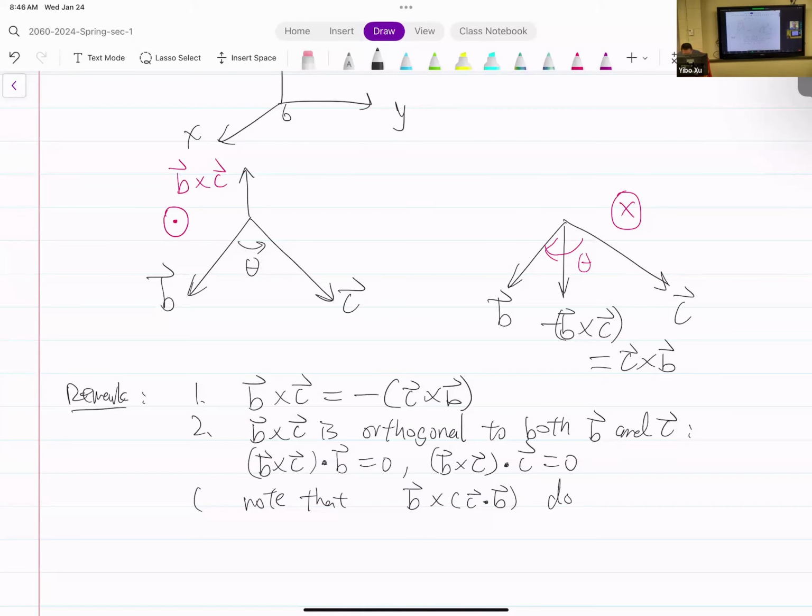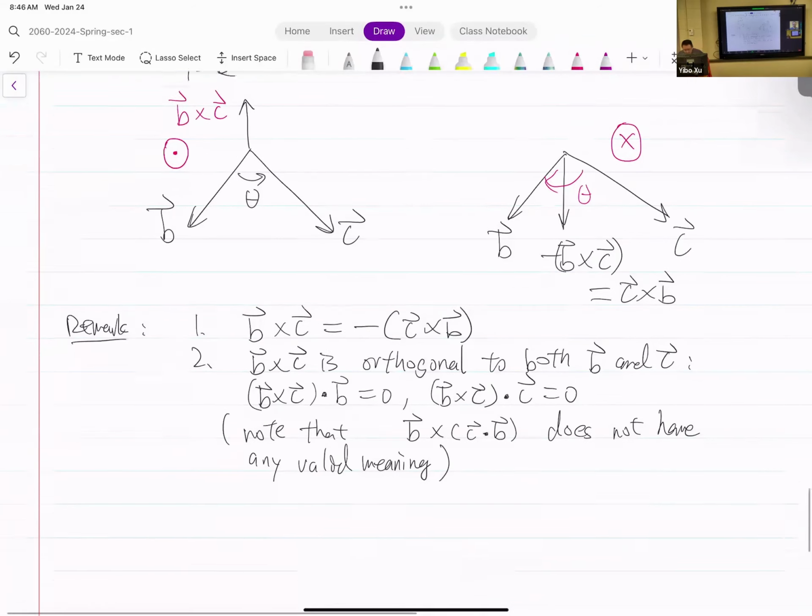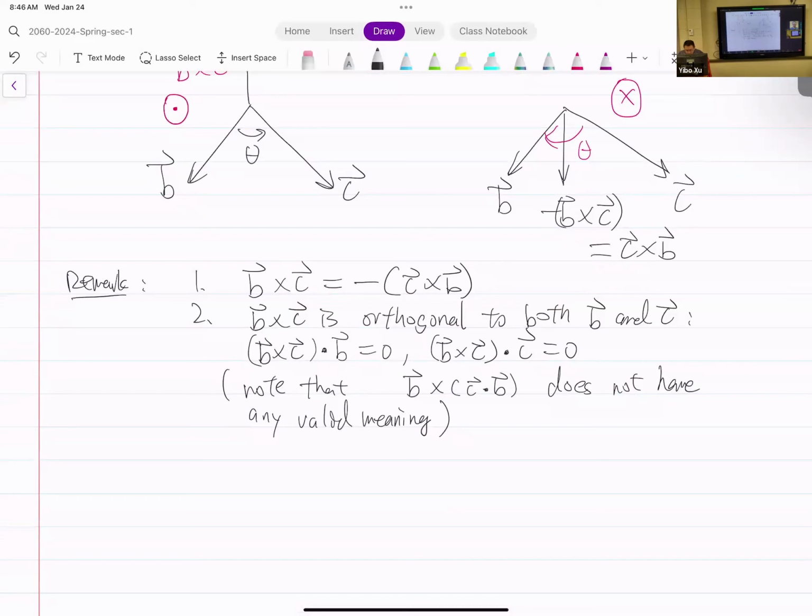So this does not make sense. It does not have any valid meaning. Unless you want to define something yourself, but you definitely want to make it reasonable. But within the context of our course, this thing does not make sense.